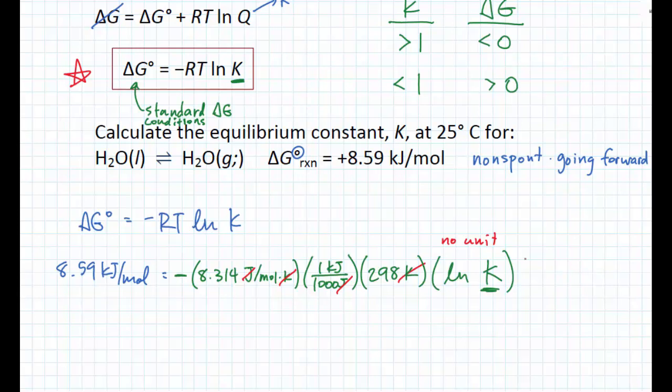So the common logarithm says to what power did we raise the number 10? The natural logarithm is to what power did we raise the base e? That's irrespective of whatever unit that whole measurement happens to be. So, math-wise, I would just say 8.59 kilojoules per mole.